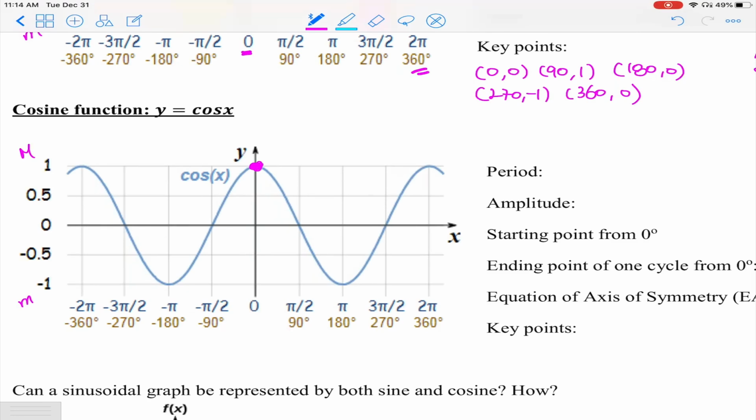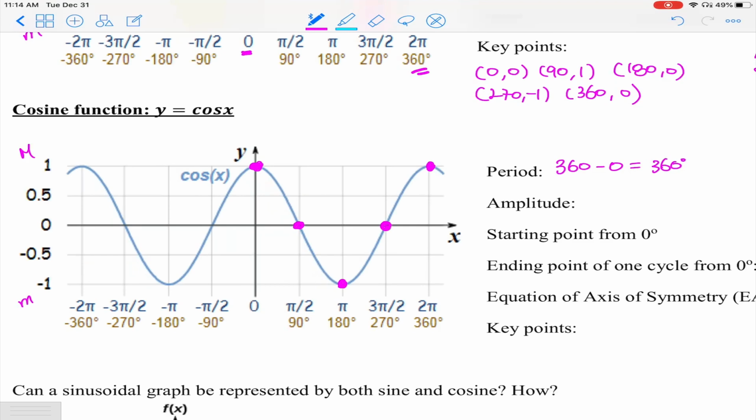From the max it comes to the equation of the axis, comes down to the minimum, comes back to the equation of the axis, and comes back to the maximum. So that's basically one cycle, and the period is the same: the ending point minus the starting point, which is 0, therefore the period is 360 degrees.